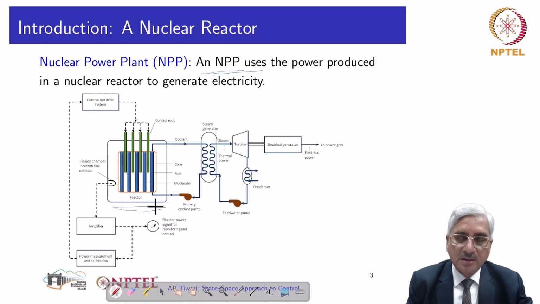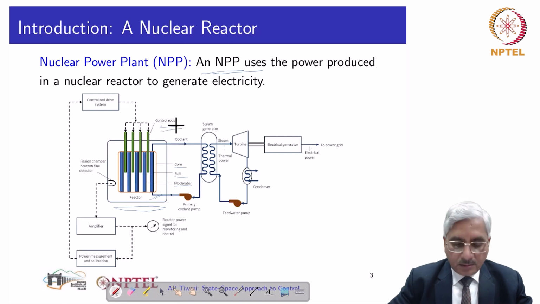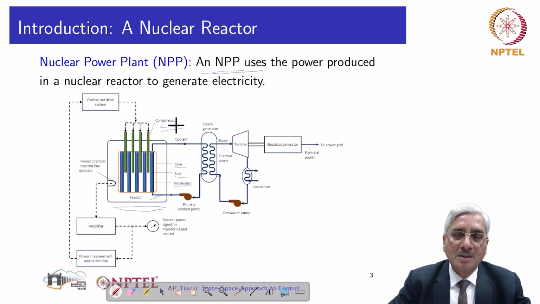We will see the various components of the reactor in the next few slides, but they are also shown here. The core consists of fuel, moderator, and the coolant. Coolant circulates, moderator also circulates. There are control rods. Their function is to control the speed of the chain reaction.